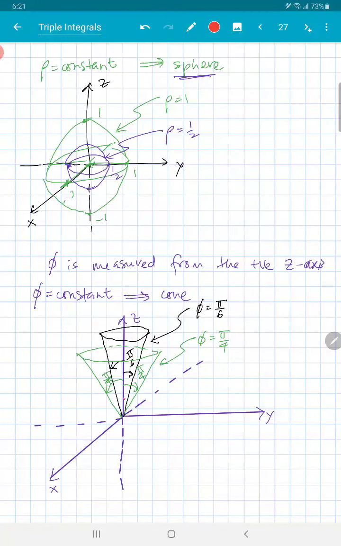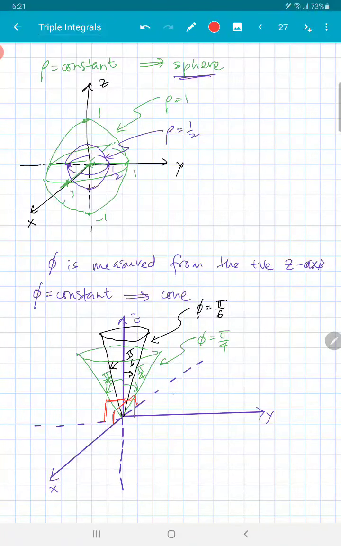But then let's say from the positive z-axis to the positive y-axis, that is 90 degrees, and from the positive z-axis to the negative y-axis, that is also 90 degrees. Positive z-axis to the positive x-axis is also 90 degrees, and this is also 90 degrees.